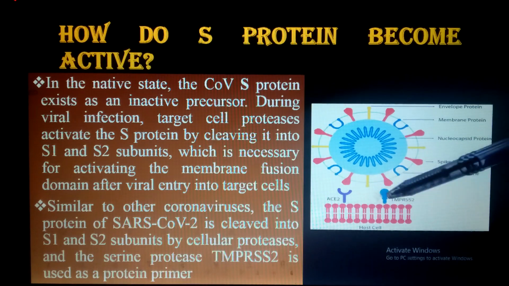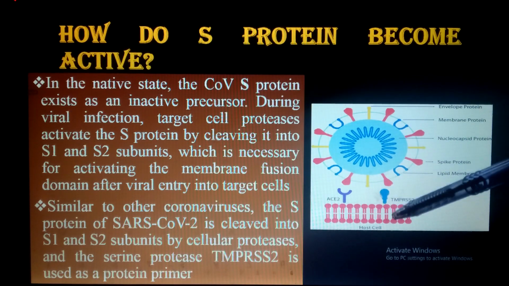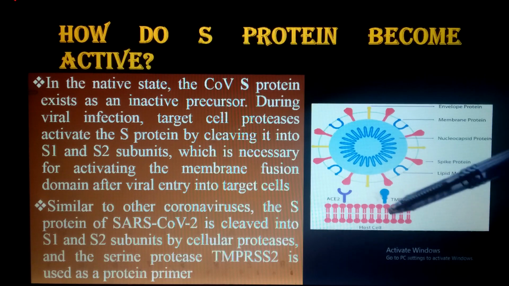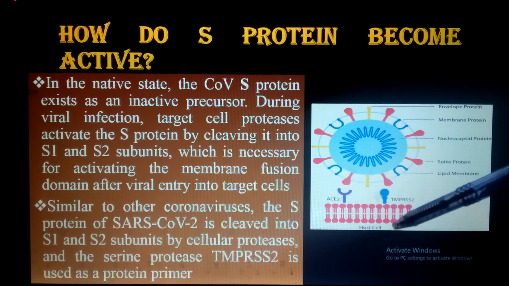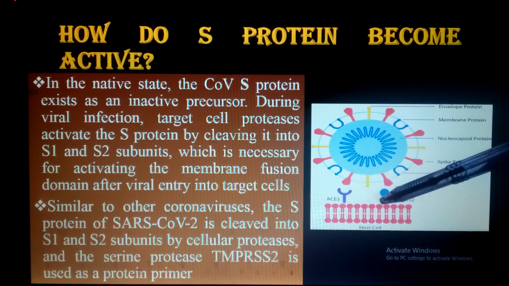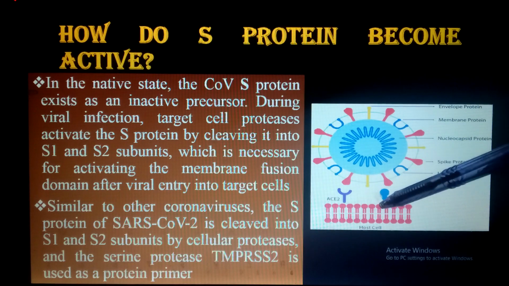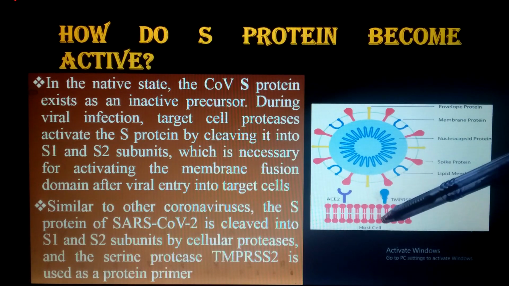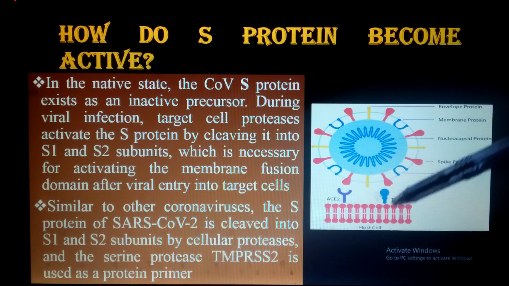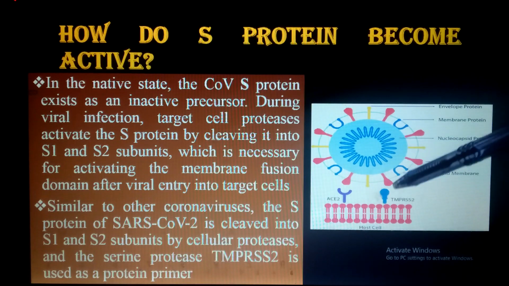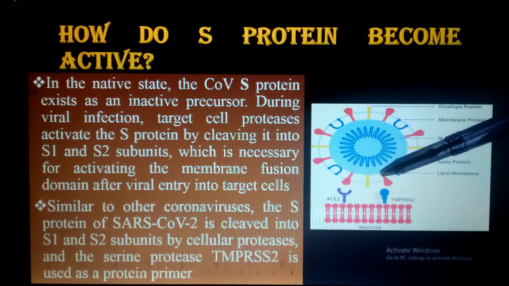The TMPRSS transmembrane proteases, which are serine proteases present on the host cell membrane, help in the cleavage of the S protein into subunits S1 and S2. It plays a very important role and activates the S proteins of the virus.